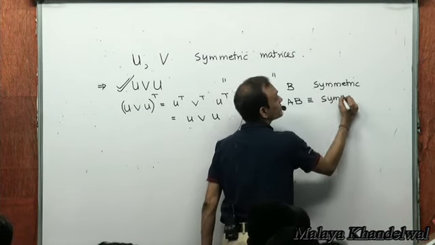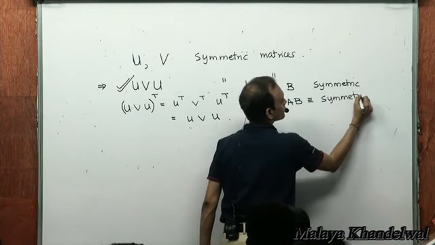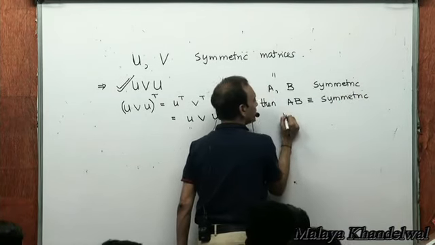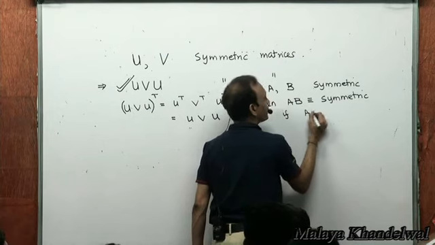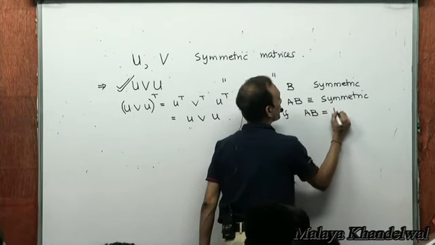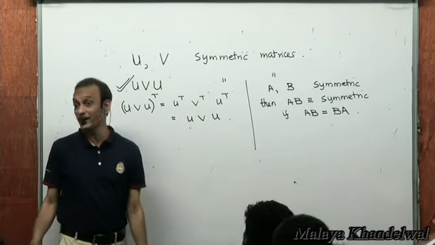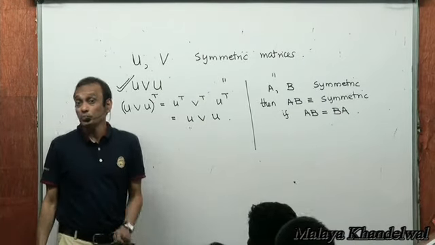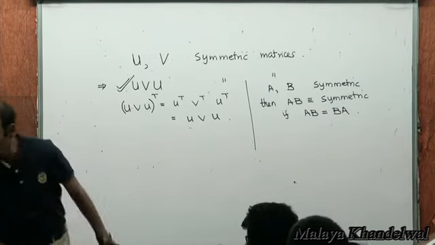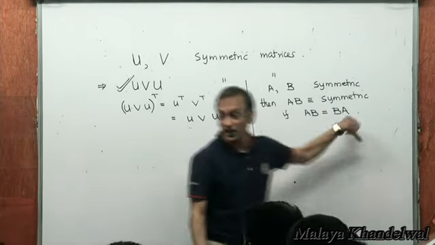The product AB will be symmetric if AB equals BA. I claim that if A and B are symmetric matrices, then the product AB will be symmetric if AB is BA.